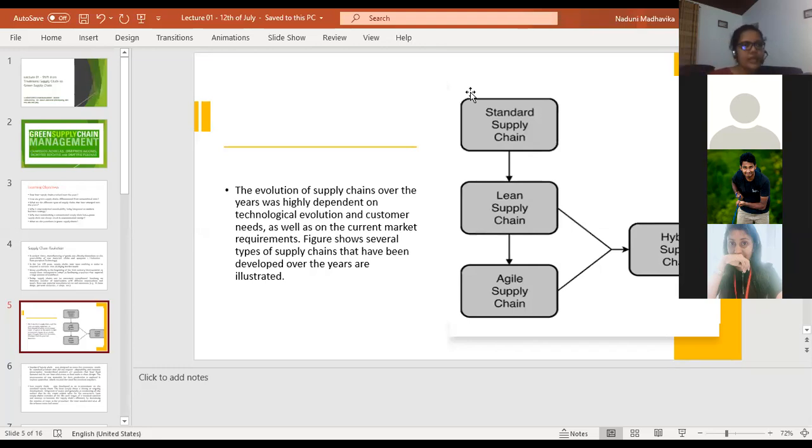After that, there was an evolving stage as lean supply chain. What is basically meant by lean supply chain? Lean, you must have learned about lean.